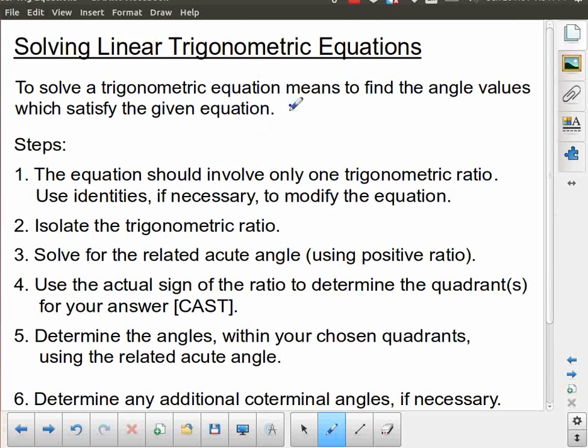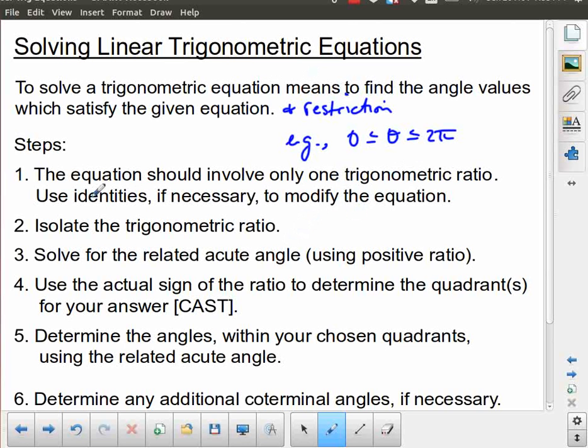So I really should say here, satisfy the given equation and restriction, because there's almost always going to be some sort of restriction on the values. A typical restriction might be that 0 ≤ theta ≤ 2π, for example. So that's an example of a restriction that you might see for a trigonometric equation.